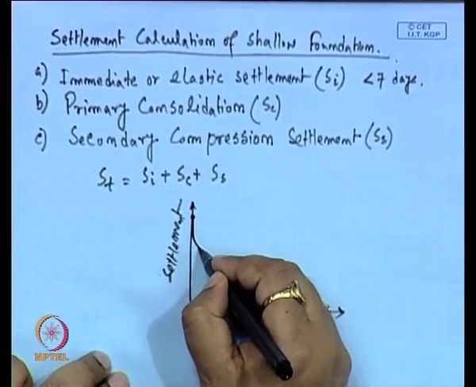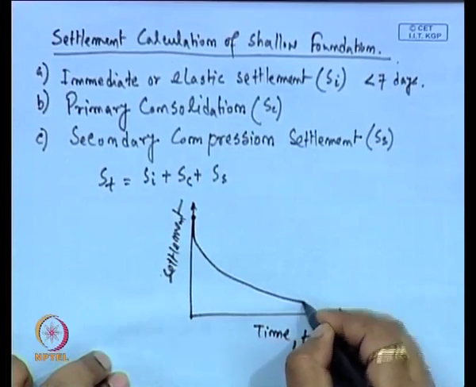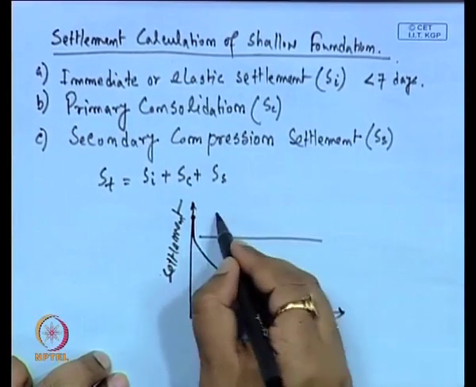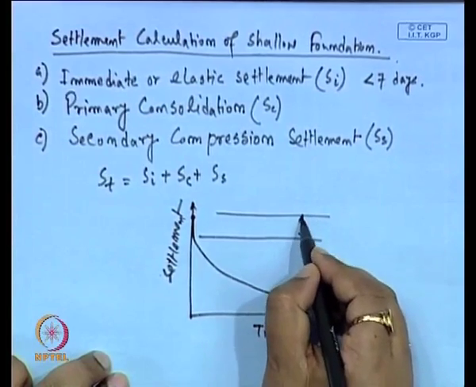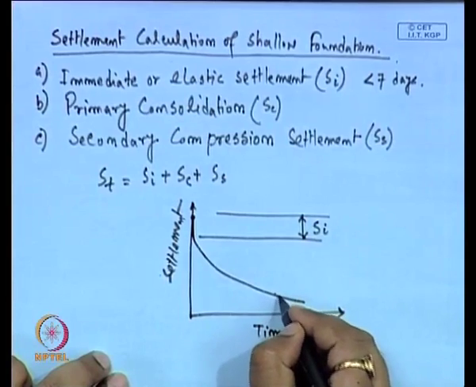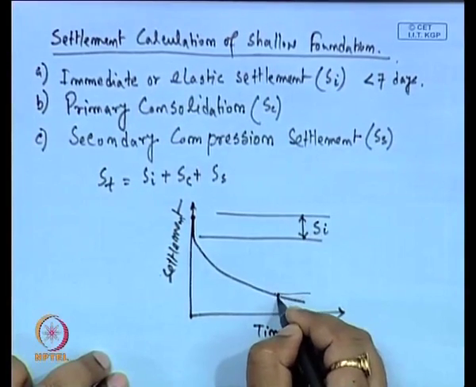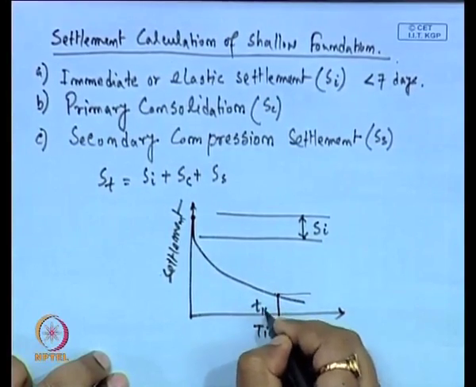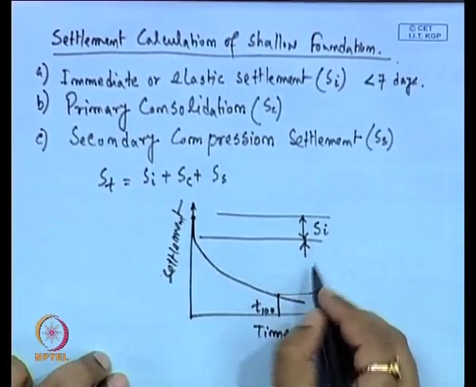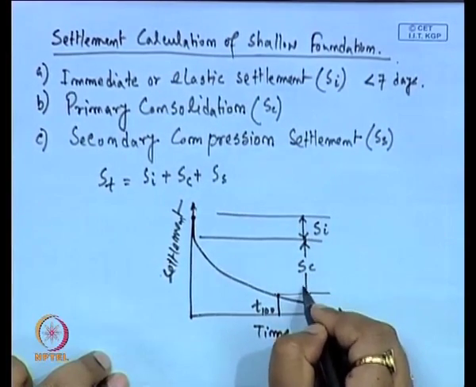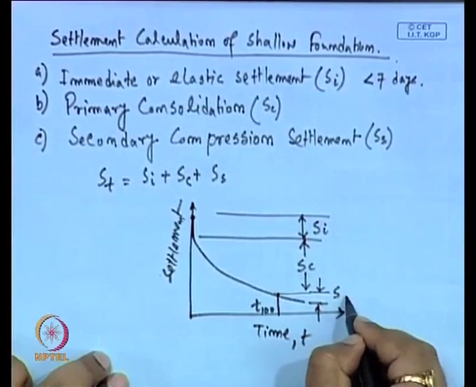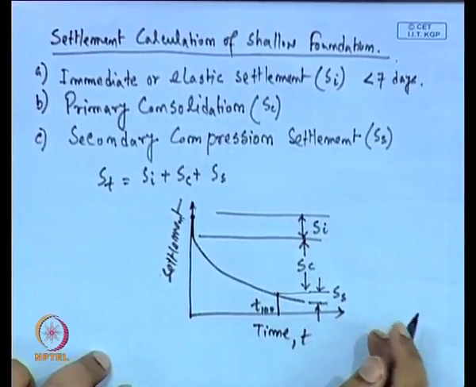If I draw this graph, we will get this type of settlement curve. From up to here is the immediate settlement, and suppose this point reaches 100% consolidation, or T100. From here to here is the consolidation settlement, and this is the secondary compression settlement.